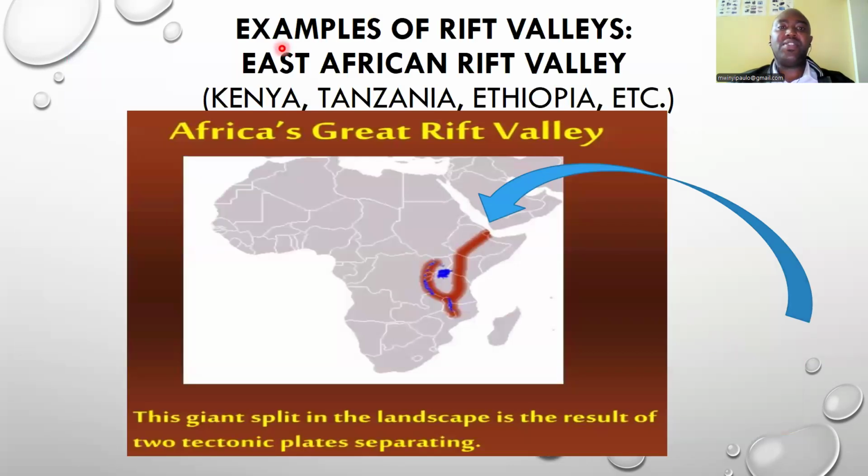Examples of rift valleys: the East African Rift Valley. And as you can see, the giant split in the landscape is as a result of two tectonic plates separating. So this is what we call the Rift Valley. What I'm showing you now with my pointer, I hope you can see it. Good.